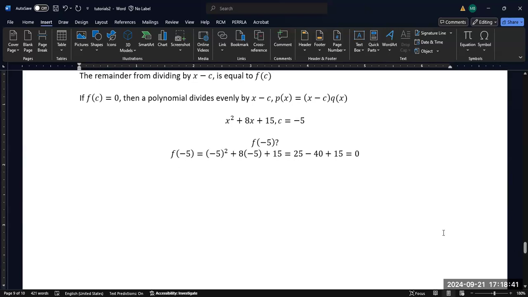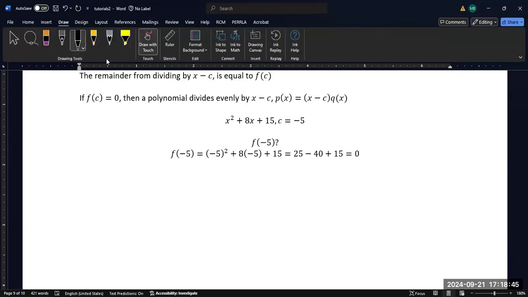So we have our division bar, and I'm going to do long division. Again, synthetic division works exactly the same way. The process obviously is different, but the meaning of the result will be the same. Now, x minus negative 5 is equivalent to dividing by x plus 5.